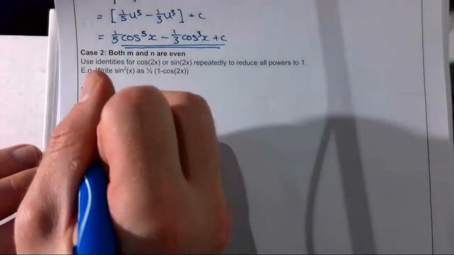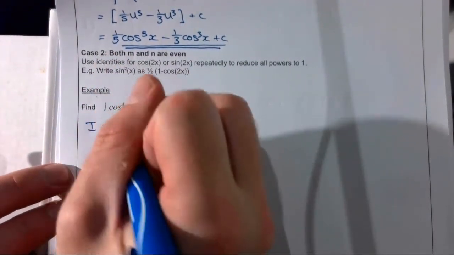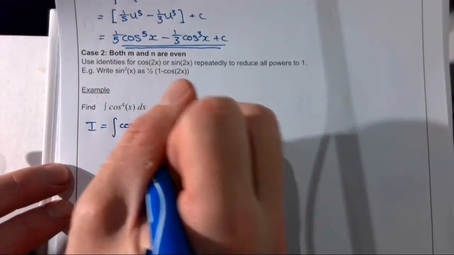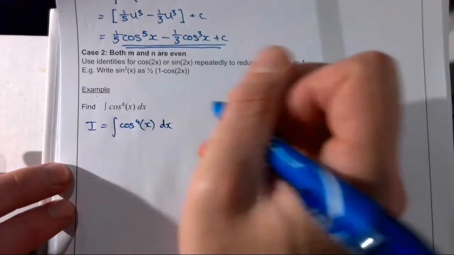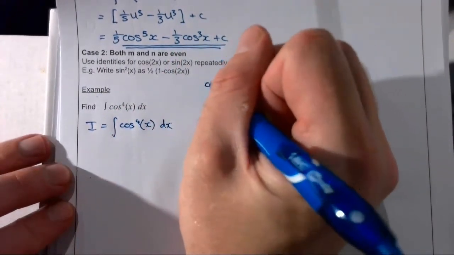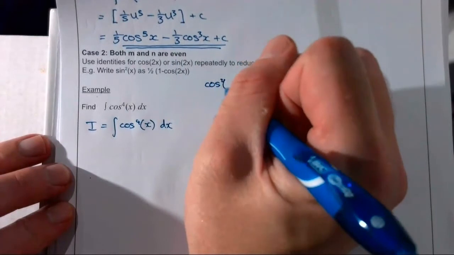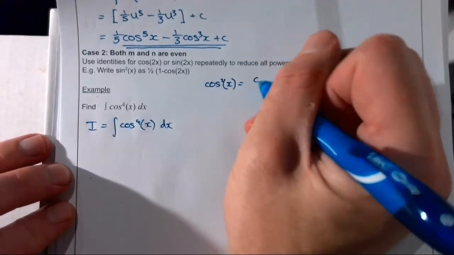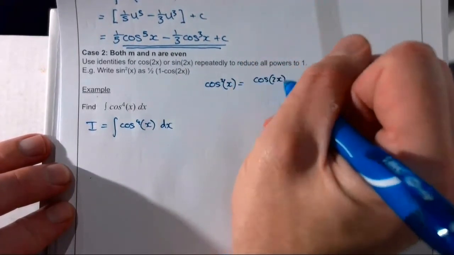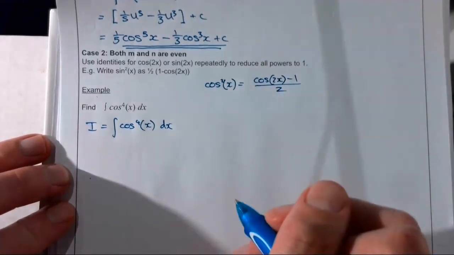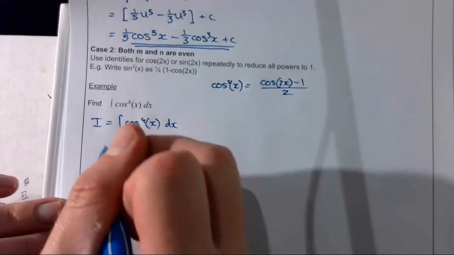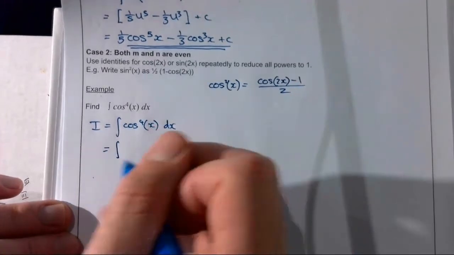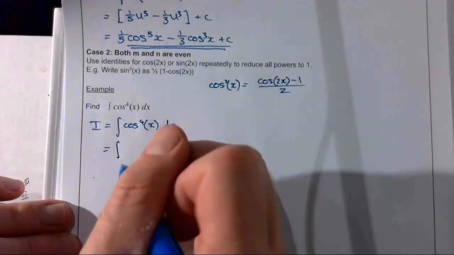Okay, so I'm going to take you through it. So my integral here is obviously cos to the power of 4 of x dx, and I can remember from what I did earlier, well, cos squared of x is going to be cos of 2x plus 1 all over 2. That's my formula. So here I've got that squared.